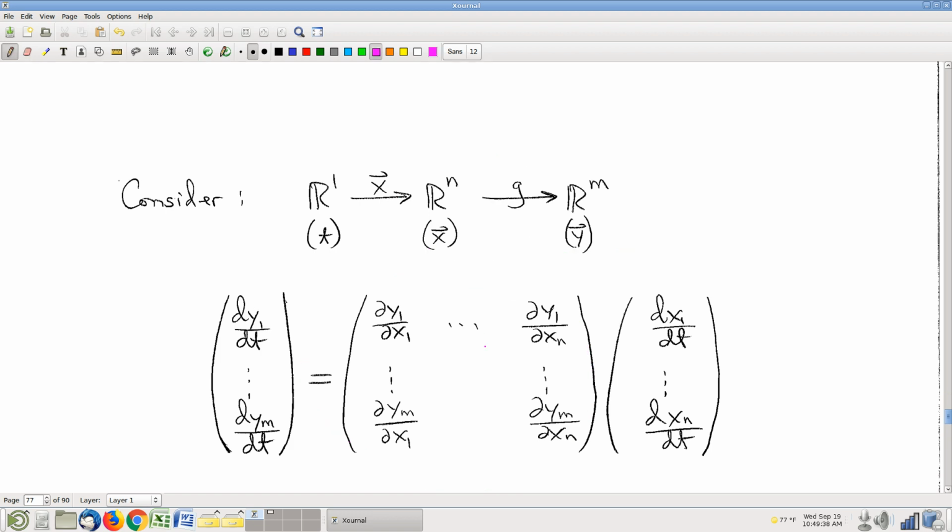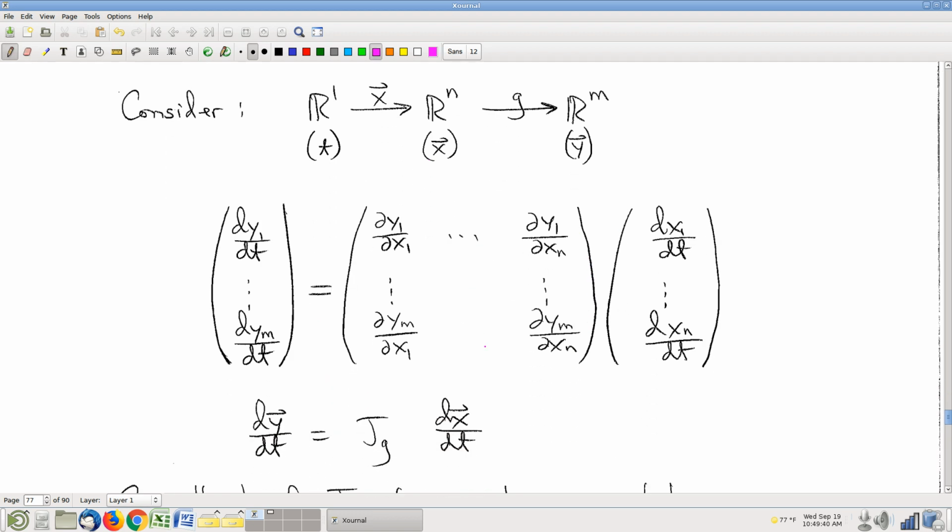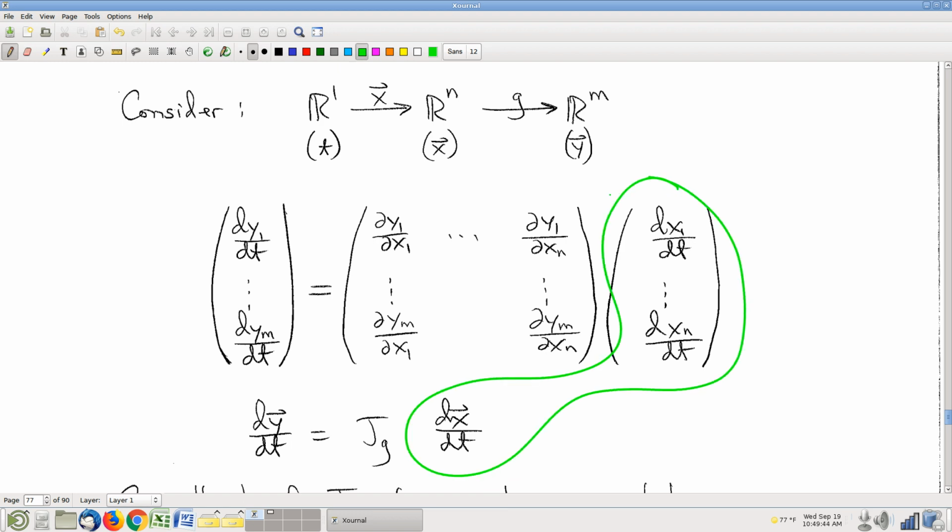Okay. Next observation to make is that's a velocity vector, right? The derivative of position x as a function of time, that's velocity. We have an existing geometric interpretation of that.